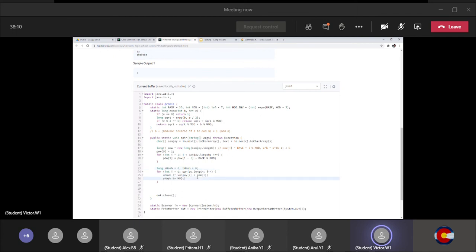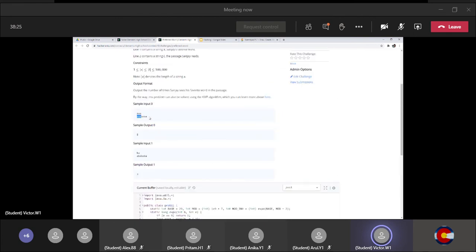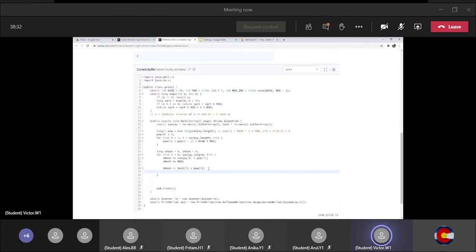So we're going to start by pre-computing the hash for the substring of length s. Then from there we can build off by shifting it with the rolling hash. We first compute this in the exact same way we computed Sanjay's hash. So like that. Okay.